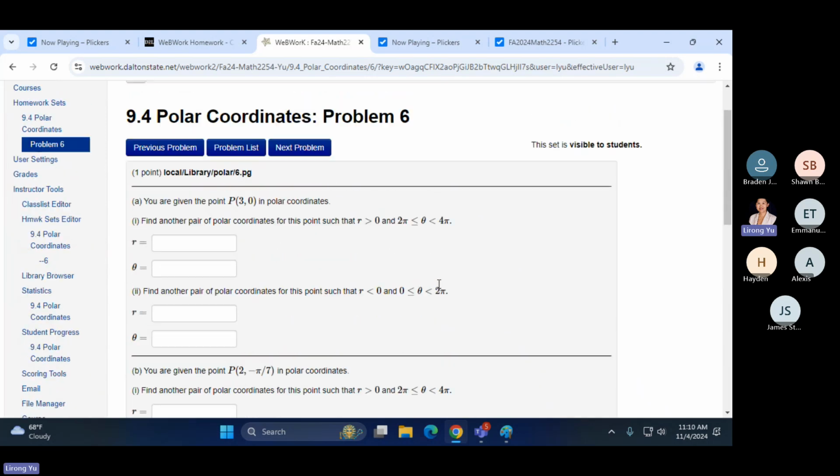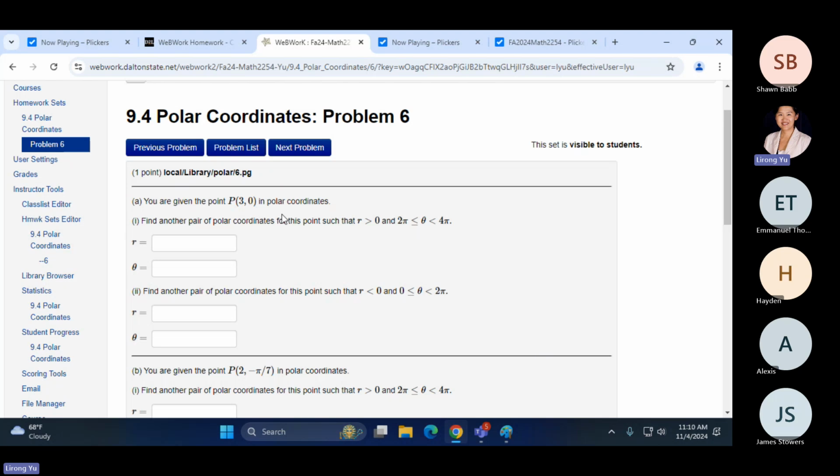Okay, I see. So let's start from the beginning. You have a point in polar form, which really means the distance is 3 and the angle is 0. So you can mark it out: because the angle is 0, it's on the positive x-axis. It's essentially (3, 0) in rectangular coordinates also.